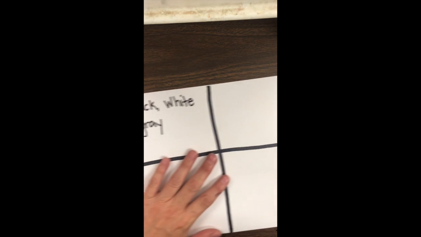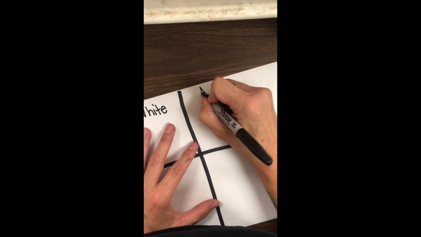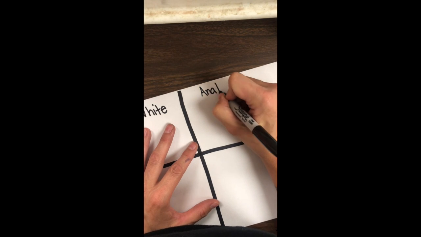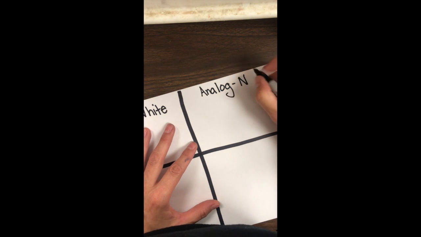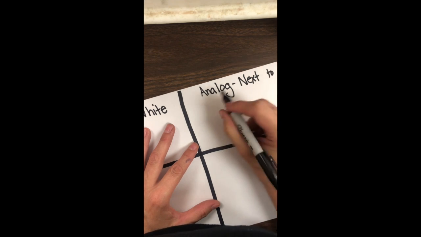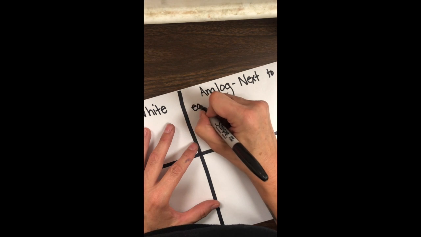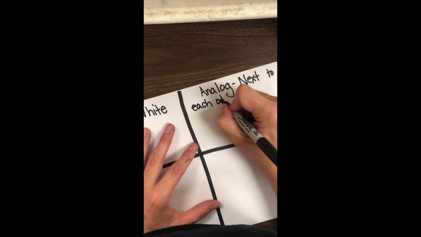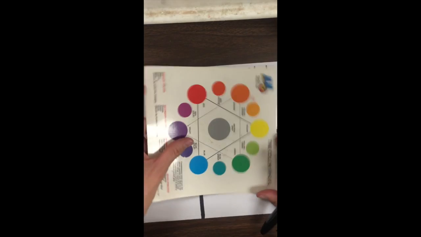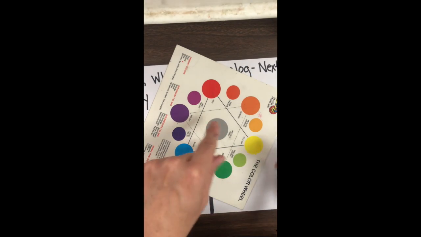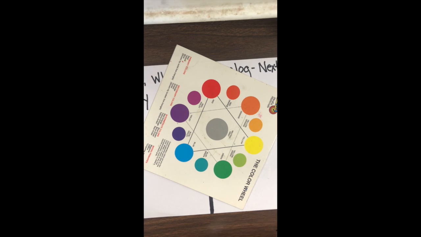Okay, in the next box, we're going to do analog colors. In analog colors, we're gonna pick 3 colors next to each other. And so when we look at our color wheel, we can pick several choices.